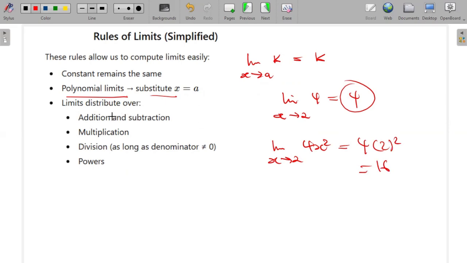Then they're telling us that we can actually distribute limits over addition, subtraction, multiplication, and division, as long as the denominator is not equal to 0, and over powers. So what does this mean?